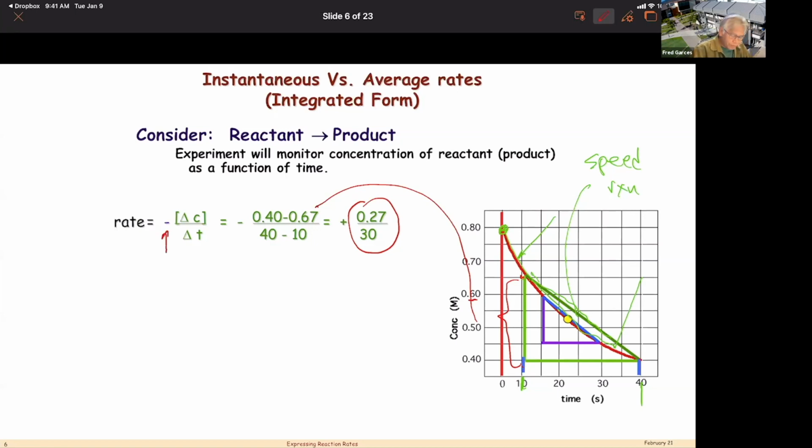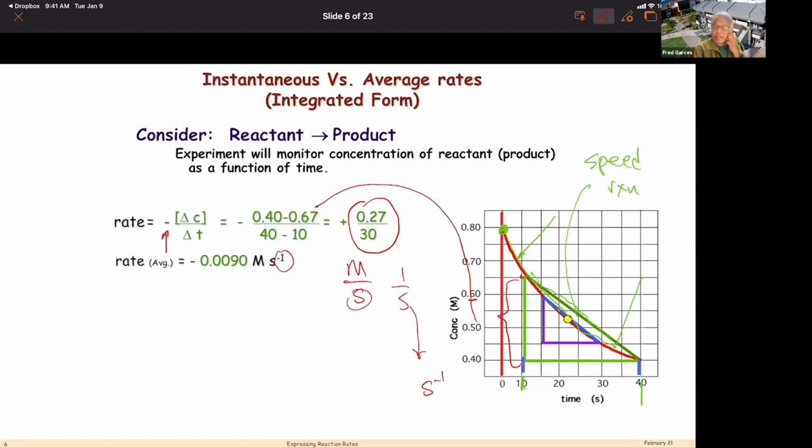So when you calculate that average rate between 40 and 10 seconds, the rate is about 0.090 molar per second. Remember that the -1 here means that when you put something to the -1, it means it's a reciprocal. So this right here, 1/s is also illustrated as seconds to the minus 1.